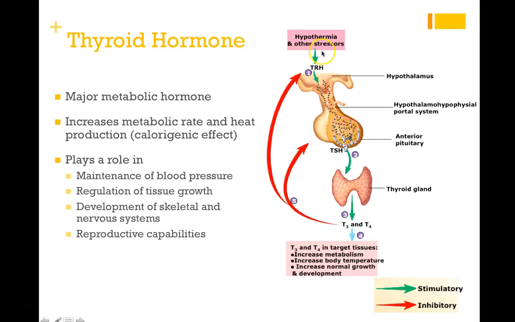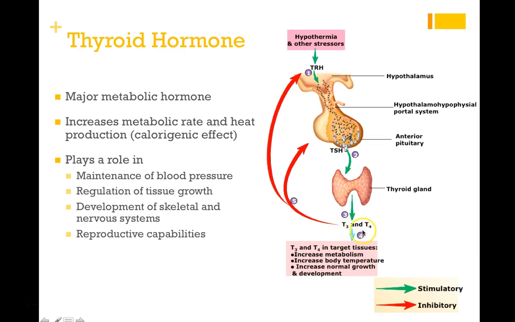So your hypothalamus will secrete your thyrotropin releasing hormone, and that will then go through this hypothalamo-hypophyseal portal system over to your anterior pituitary gland, where the thyrotrophs there will secrete the thyroid stimulating hormone. That will enter circulation through the vein and head over to our thyroid gland, which will then secrete T3 and T4 to cause all the effects that we described.